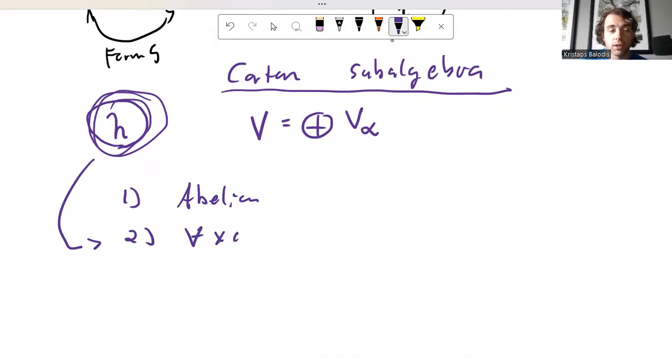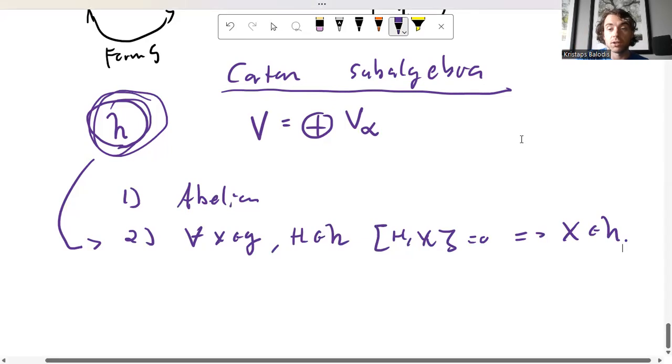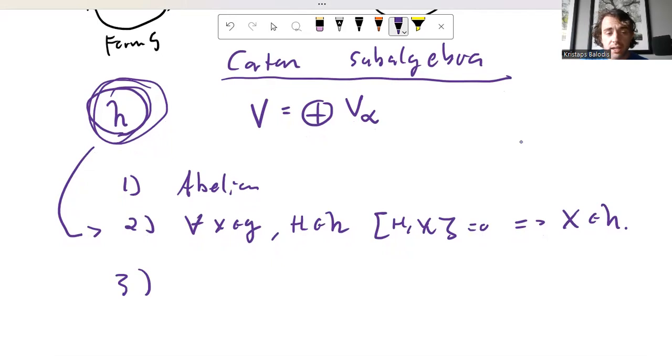For all x in the larger algebra g and h in H, if the bracket of h and x is 0, then x is in H. So basically, this is the maximality condition: anything that commutes with H is going to belong to this H. And also, for all h in H, the adjoint action of h, which remember is an operator from g to g, is diagonalizable.